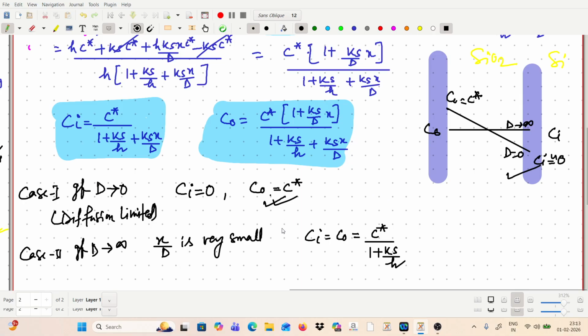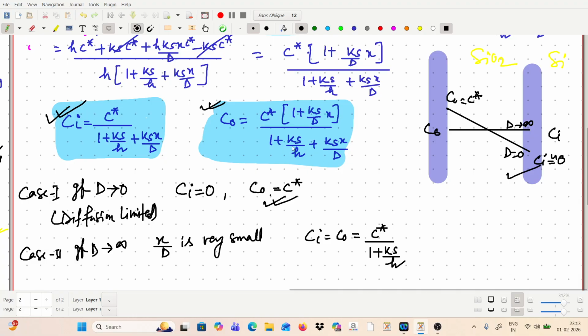Okay, so this is all about the concentration of the oxidizing species at the inner oxide layer and the outer oxide layer as a function of the equilibrium concentration of the oxide and the diffusion constant D, and x is the width of the oxide layer.